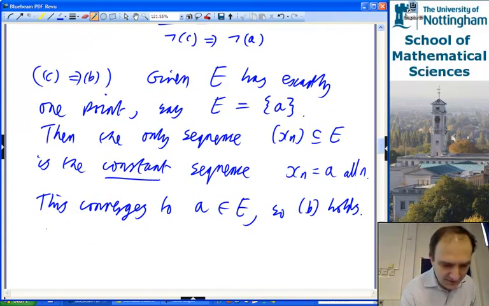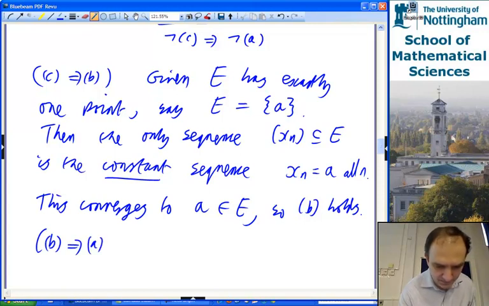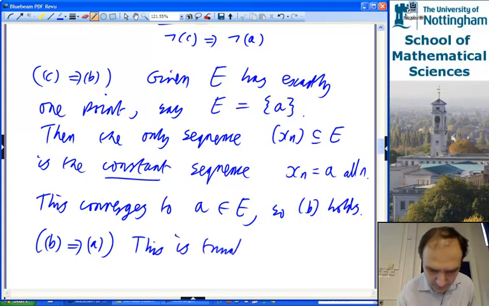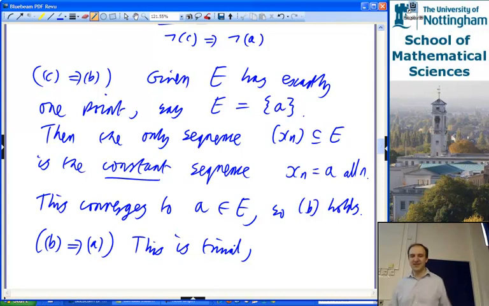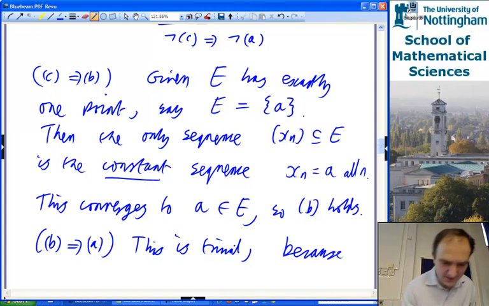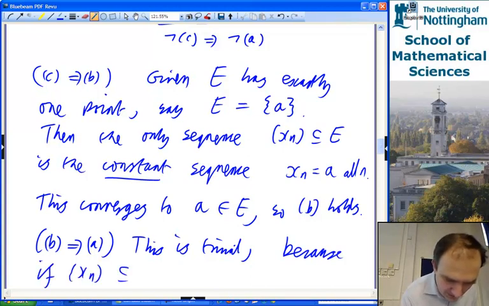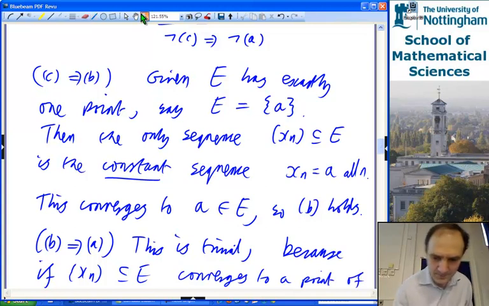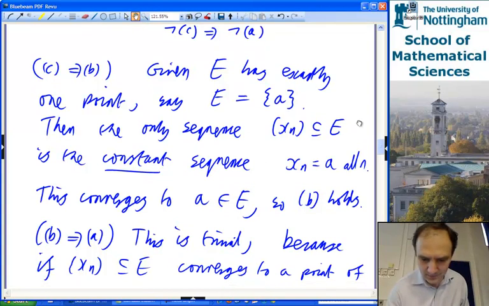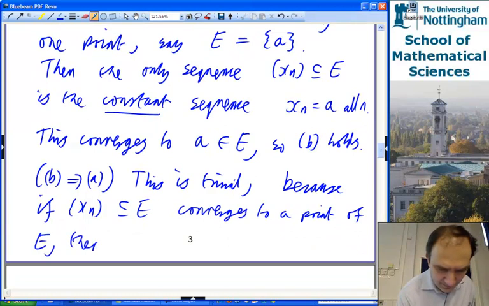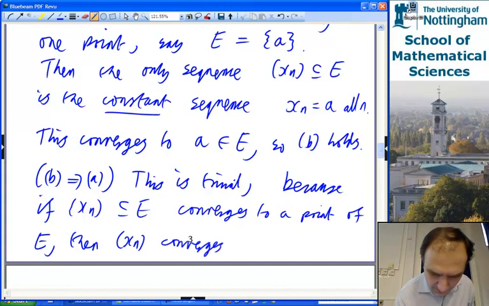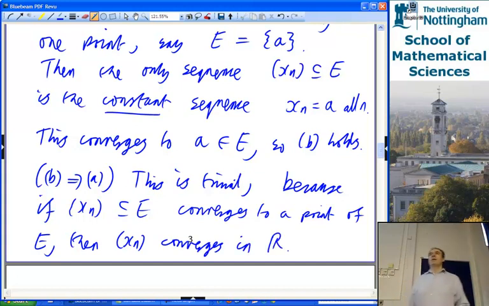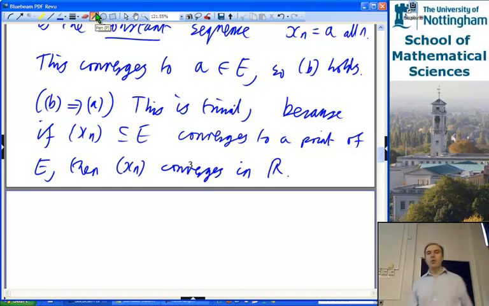B implies A is trivial, because any sequence that converges to a point of E converges in R. Converging in R is a weaker statement than saying it converges to a point of E. So that one's trivial, and that gives you B implies A. So all we need is the last one.